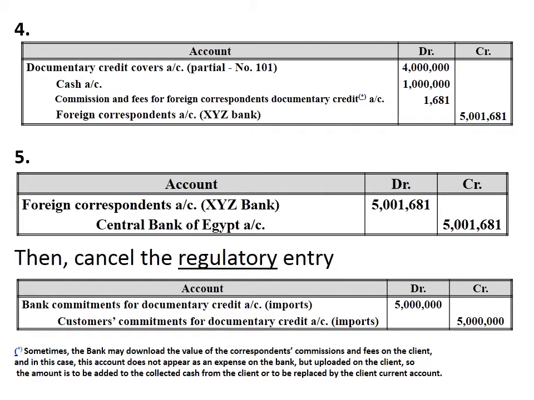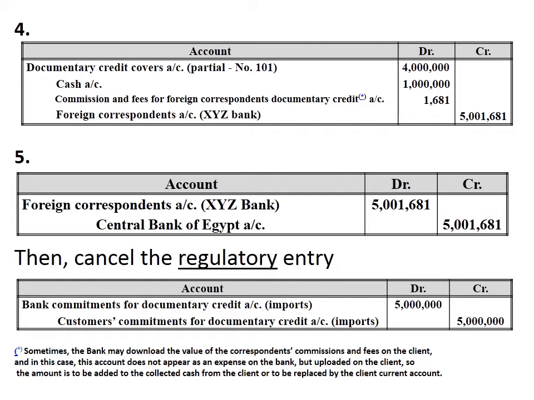Now, number 4, he said that the correspondent bank XYZ notified the importer's bank to repay the value of credit to the exporter based on the documentary credit terms, and that commission and fees amounted to 1,681 pounds.